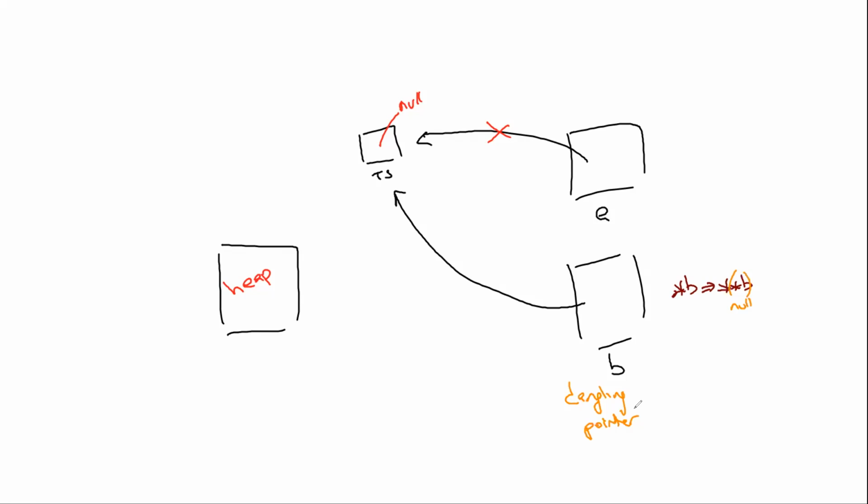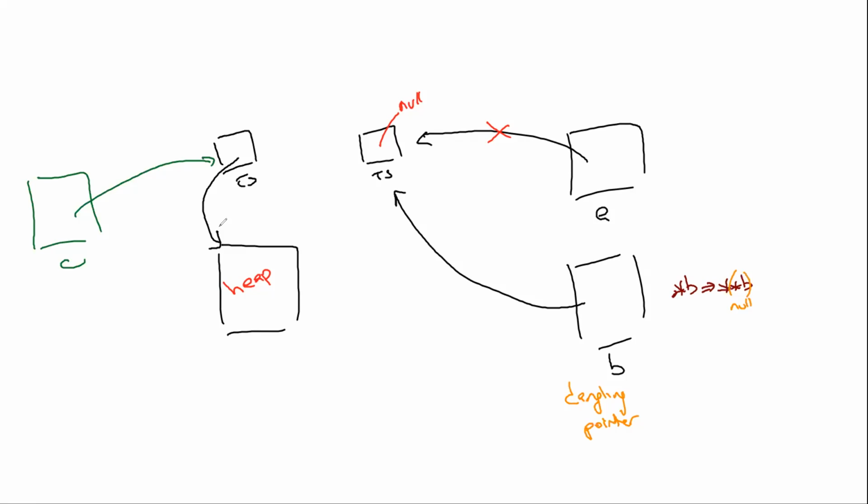Now, what would happen if somebody else tries to allocate this heap? So we have here C, just like before, and C wants new memory. What C would do is create a new tombstone and point to the new tombstone, which would in turn point to the actual heap, the old heap, I would say.